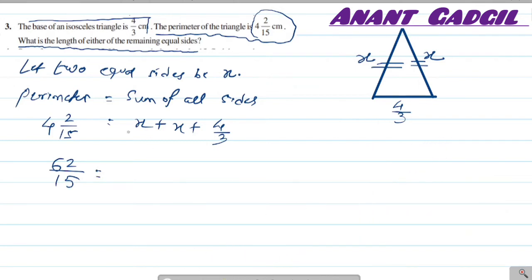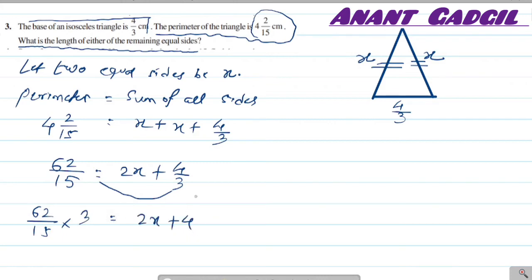X plus x becomes 2x plus 4 by 3 as it is. Again, don't make the mistake of taking this 3 to the other side and writing this as dividing become multiplication. Please don't do it. This 3 is not dividing here completely. It is not like 2x plus 4 whole divided by 3.